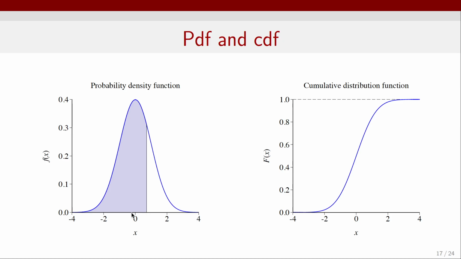Then I would have to calculate the integral that corresponds to this shaded blue area, and that would be the function capital F(x) shown here. So I would go from here to here, and that gives this area. And obviously if I calculate the whole area under the curve, I would get 1.